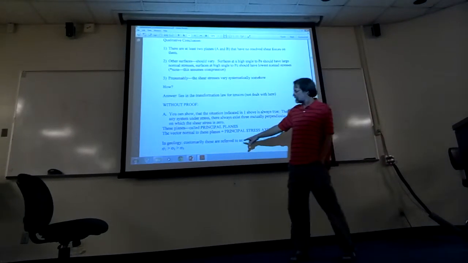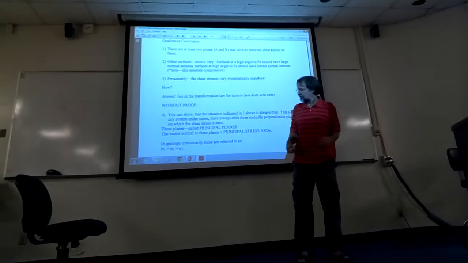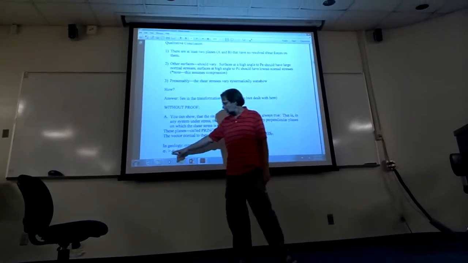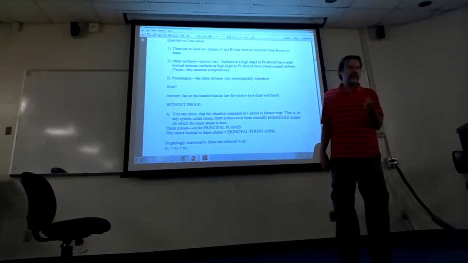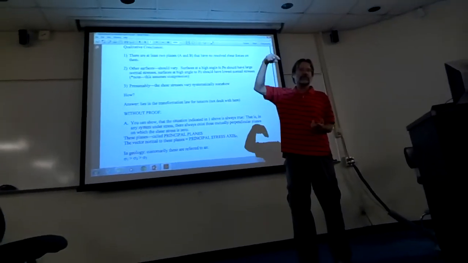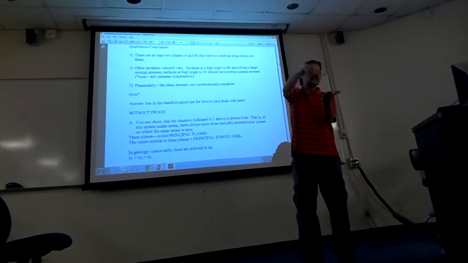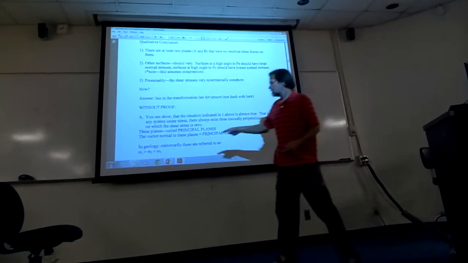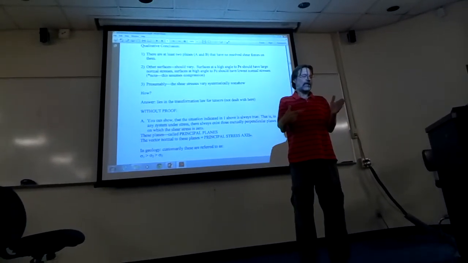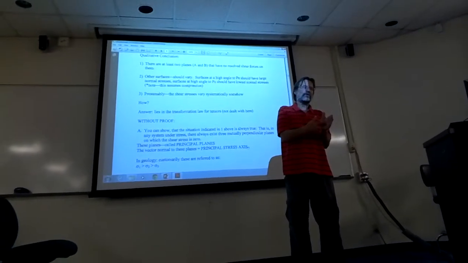In geology, we customarily refer to these principal directions, or principal planes, as sigma 1, sigma 2, and sigma 3, where sigma 1 is the maximum principal stress, the plane that has the largest normal stress across it. Sigma 2 is the intermediate one that has an intermediate value for normal stress across it.